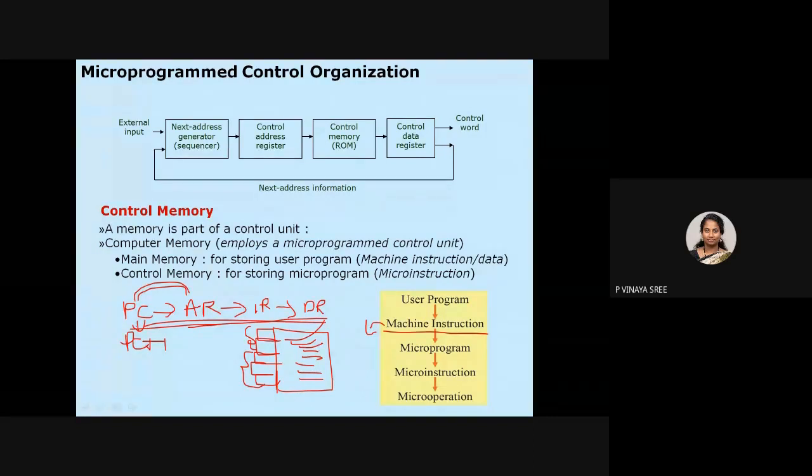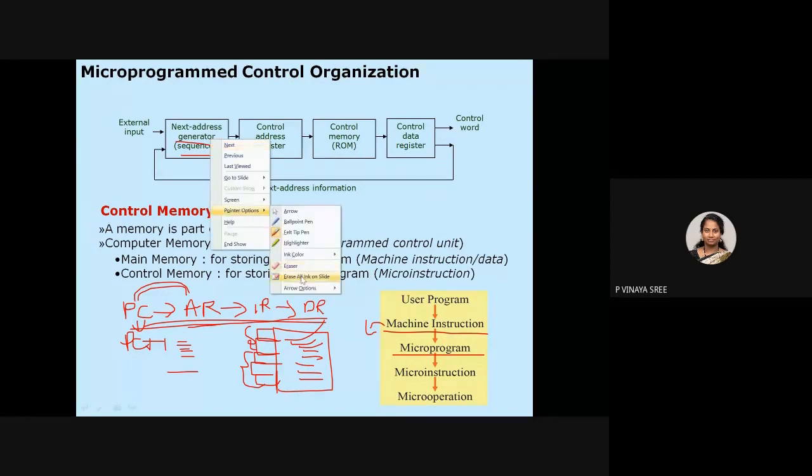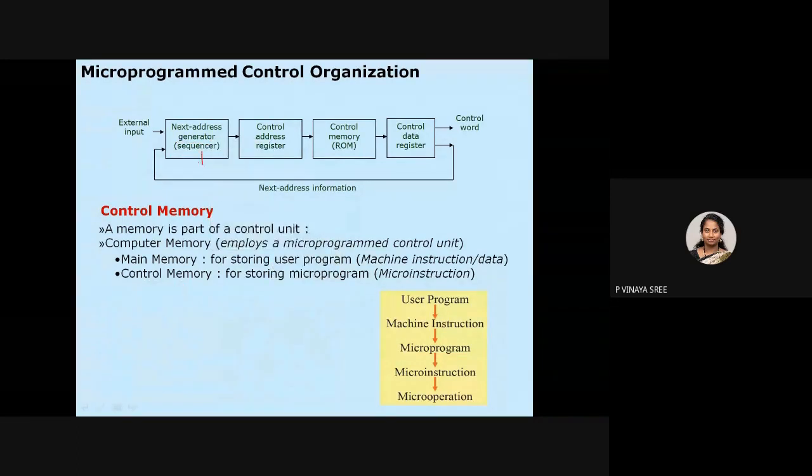Same like a program counter which maintains the sequence, here also in microprogram instructions we need to maintain one. What we maintain is the next address generator, which we call a sequencer. Consider this the same as a program counter. The next address generator stores the next address of the control memory.